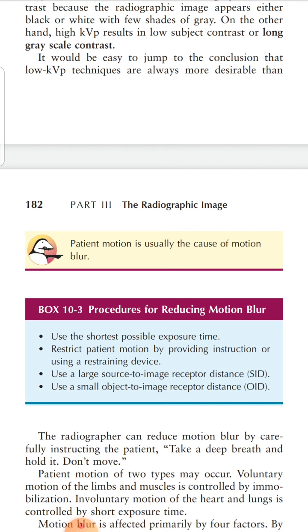Next, you can reduce the OID. It's very important to keep your object as near as possible to the image receptor, and to keep the source to image receptor distance as large as possible.